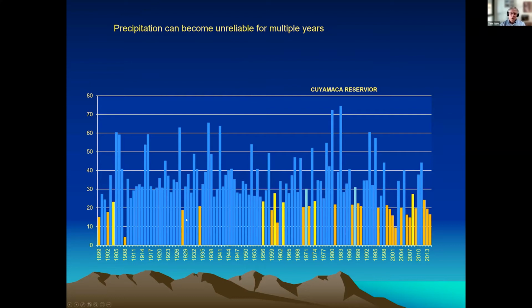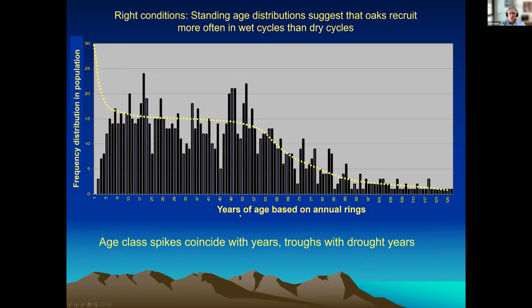So if you turn out a lot of acorns at once and they all have a lot of resources, you can sort of cue that to matching times when we have good rainfall. And what happens is when you look at the standing age structure of trees, you can see these peaks because you have a lot of trees of a certain age. They all recruited at times when there were good rainfall. So that's what an acorn does for these trees, is it gives it the opportunity to take advantage of these peaks and to survive through the troughs.